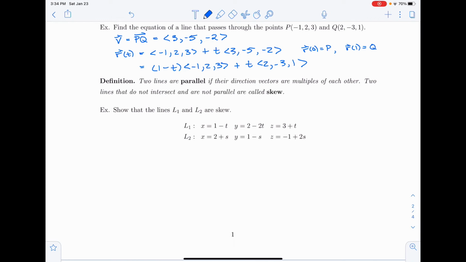Now in 2 dimensions, you either had lines that were parallel or you had lines that intersected. But in 3 dimensions, you can have lines that are parallel, lines that intersect, and you can also have 2 lines that do not intersect and are not parallel, and we call that skew.